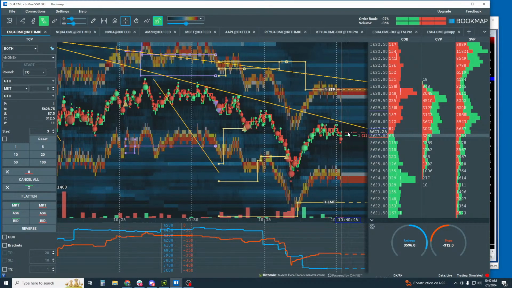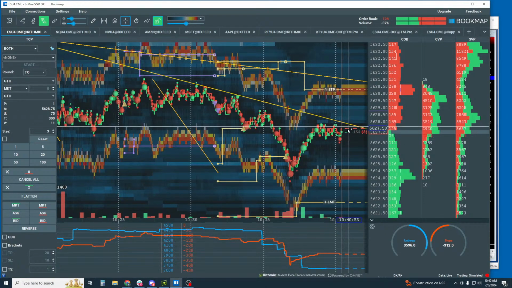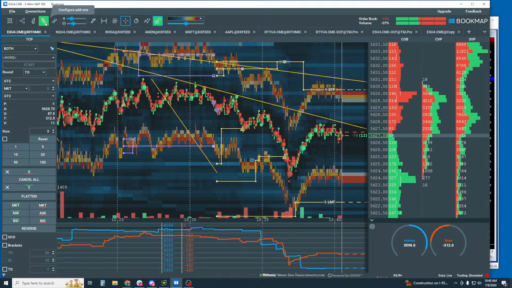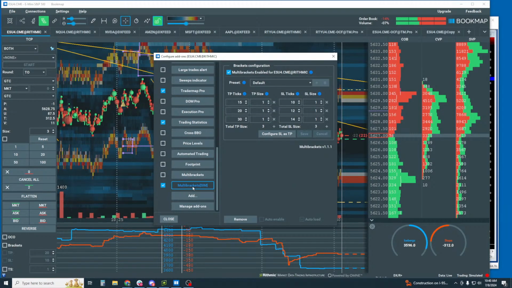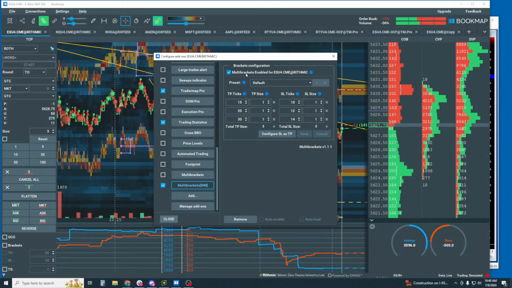Now note, if I jump back into this right now, it'll be for another 3 contracts. Look, it's green up here. This means that my multi-brackets is open, and it's all configured and ready to go. So I want to disable it here.